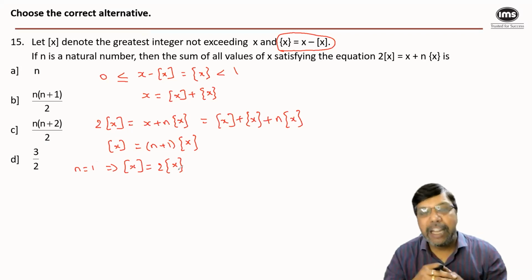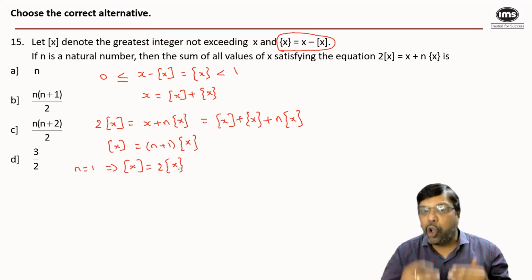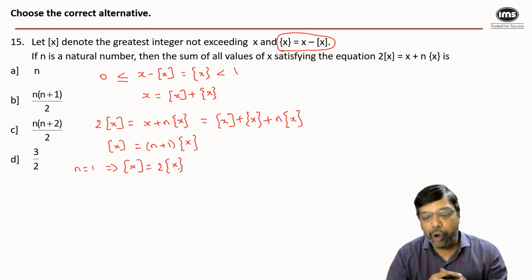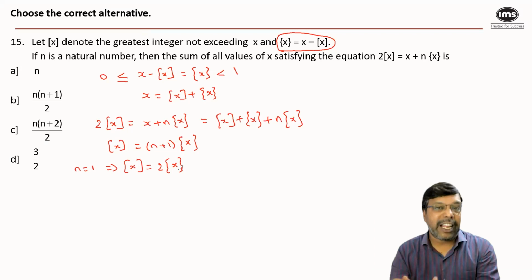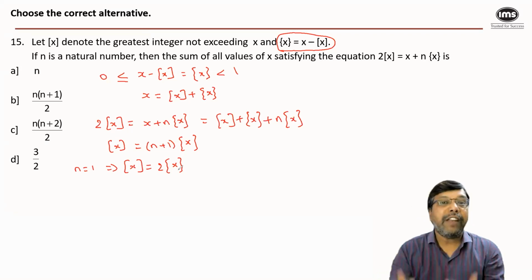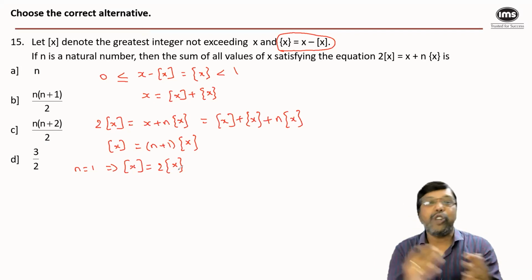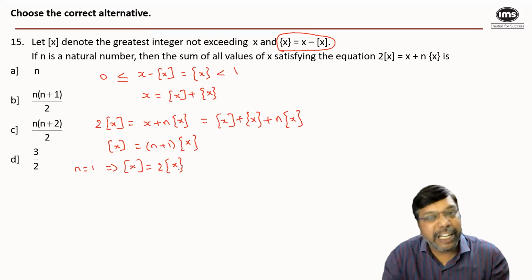Now, this is a very important point to understand. Greater integer x is always an integer. So, if 2 into fractional x must be an integer, it is possible only when fractional x is equal to 1 by 2. So that 2 into 1 by 2 will result in an integer.